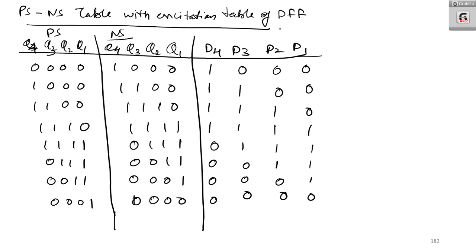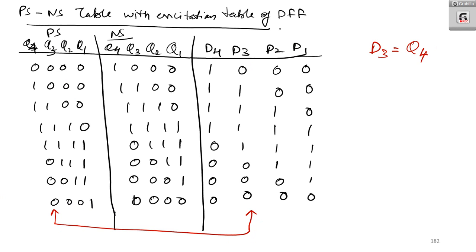Now, how will you do it? That is the question. Now, if you are looking to D3 and Q4, the columns of D3 and Q4, we are getting the same values. Therefore, we can write D3 is equal to Q4.